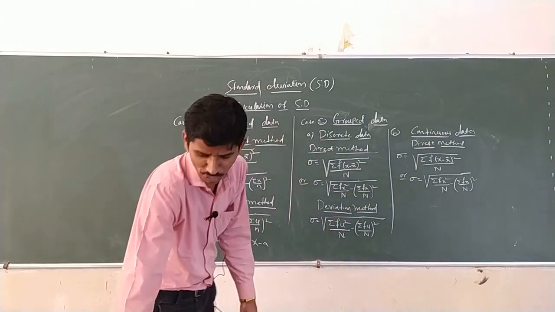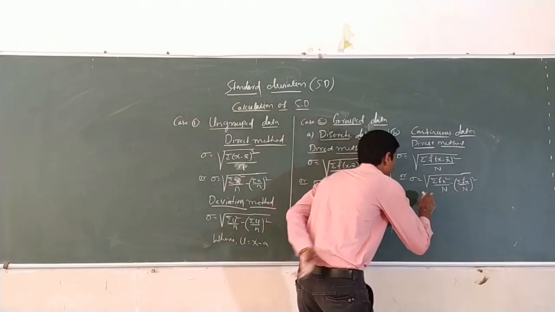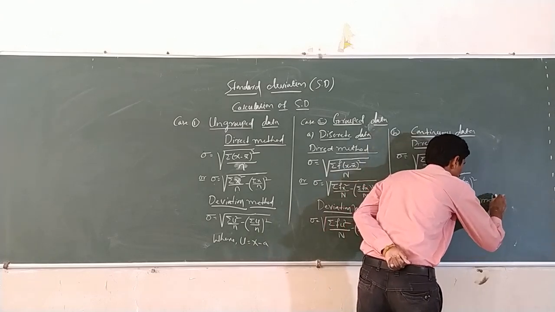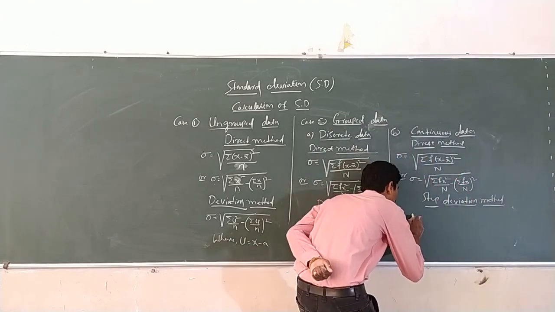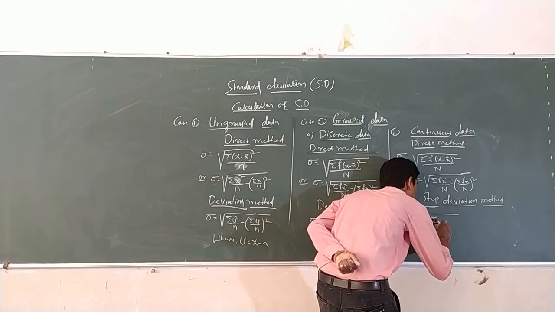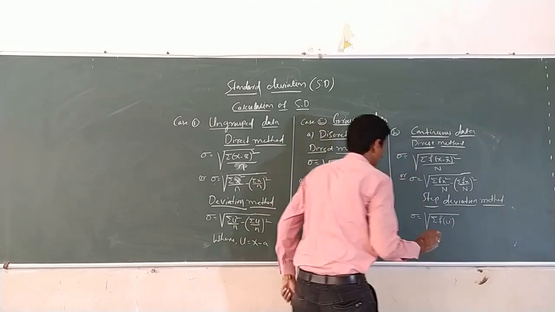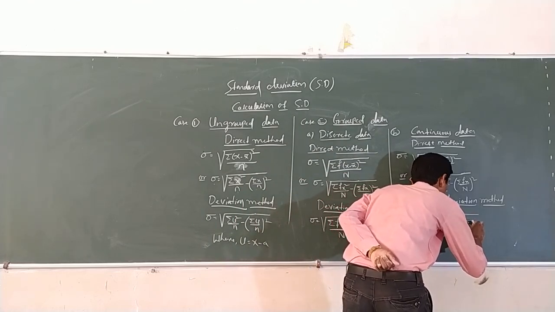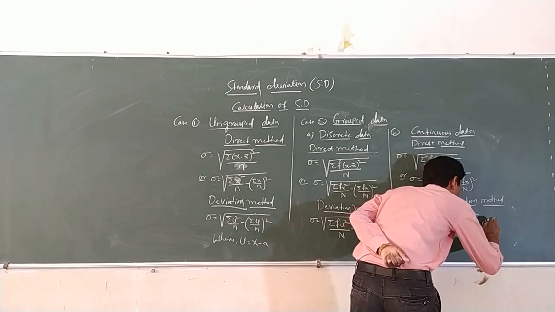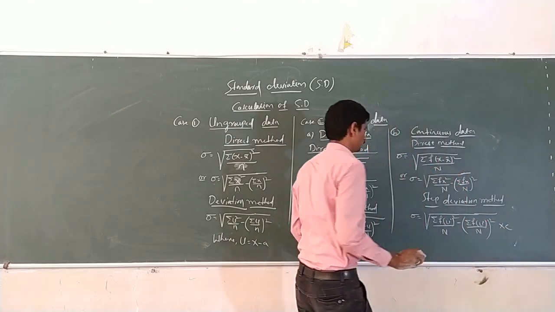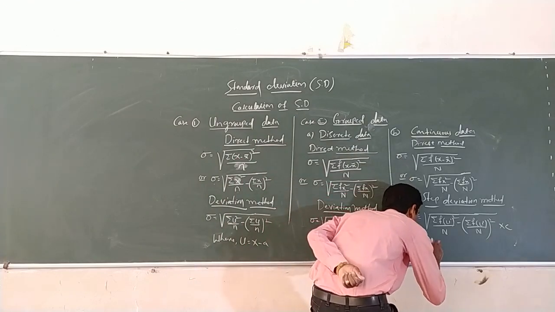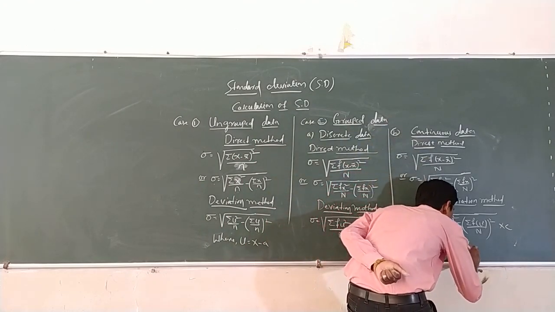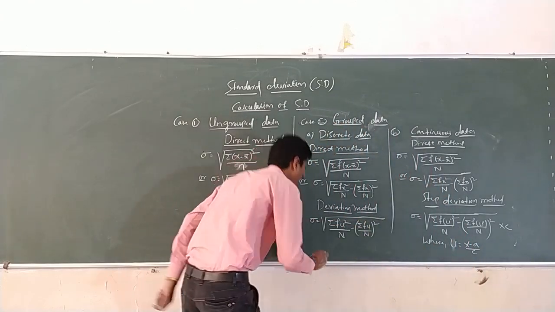The next is the step deviation method. Here sigma equals the square root of sum of f u dash whole square by capital N minus (sum of f u dash by capital N) whole square, into C, where u dash equals x minus a by c.